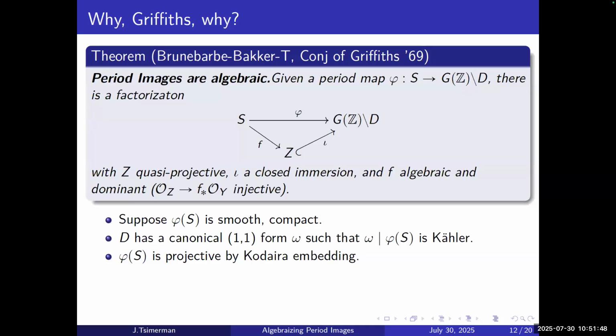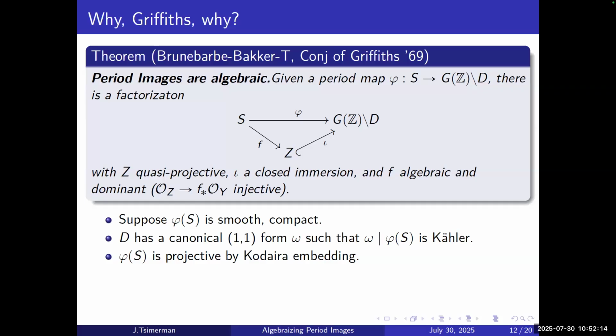D has a canonical (1,1)-form, which is not a Kähler form, but its restriction to any Griffiths transverse map is Kähler. So you have this sort of weird property of period maps. They have a lot of the structure that Hermitian symmetric spaces have if you restrict to the Griffiths transverse directions. So in particular, this (1,1)-form would have to be Kähler on your phi of S.